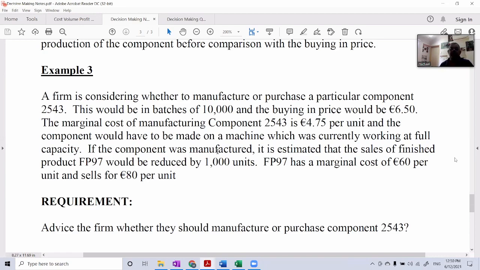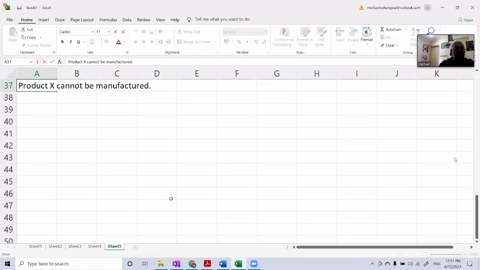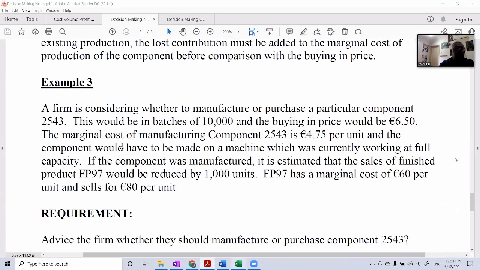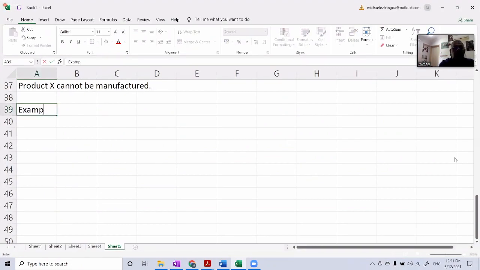FP97 has a marginal cost of 60 per unit and sells for 80 per unit. Advise the firm whether it should manufacture or purchase component 2543. Now, this is example 3.